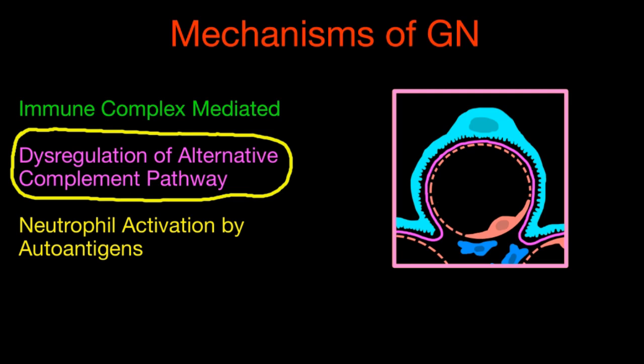So number one, you at least need some sort of environmental insult, and this could come in the form of an infection or ischemia or damage to tissues or endothelial cells. And then either you need an acquired inhibitor, let's say like an autoantibody, to one of these regulatory proteins in the alternative complement pathway, or maybe the patient has a genetic mutation that causes some sort of susceptibility and inhibits one of those inhibitors.